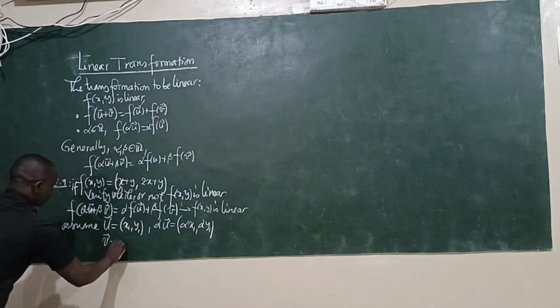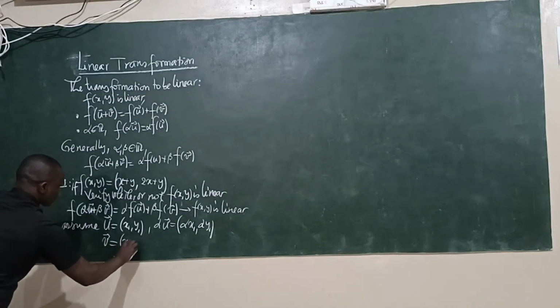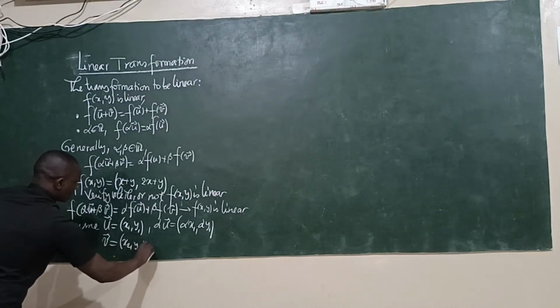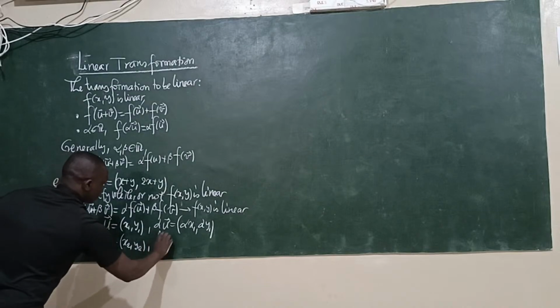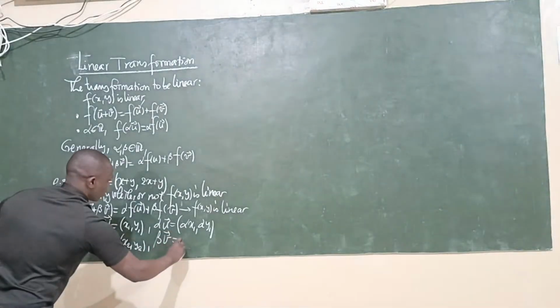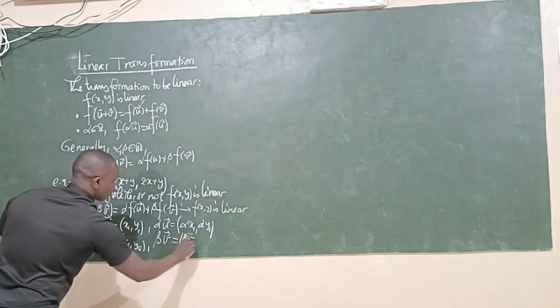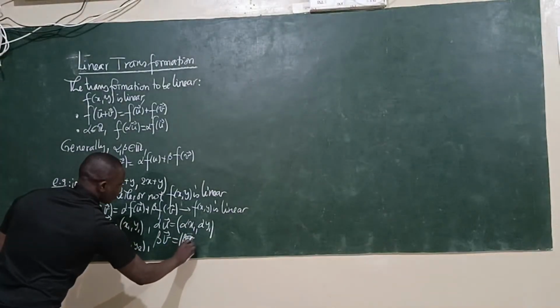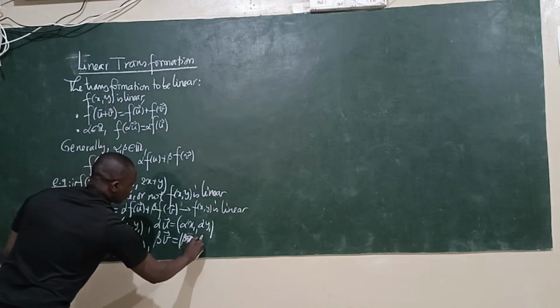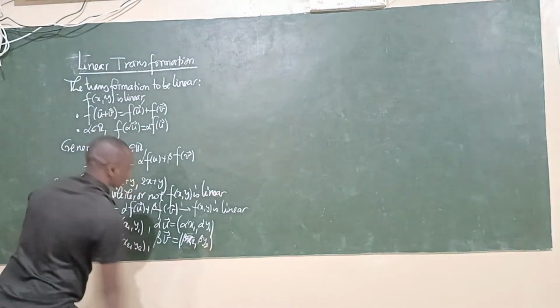Let v be x2, y2. This means beta v is going to be beta x2, comma, beta y2.